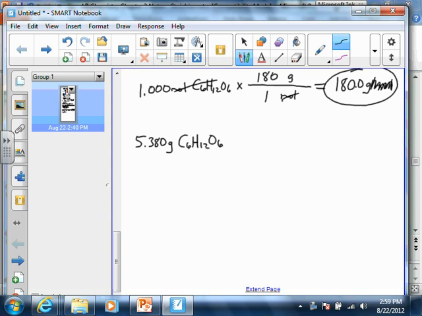And we want to figure out how many moles of glucose we have. So this is pretty easy. We're just going from grams to moles. And in 1 mole, we already figured out this is 180.0 grams, okay? And so then we're just going to take the 5.380 divided by 180.